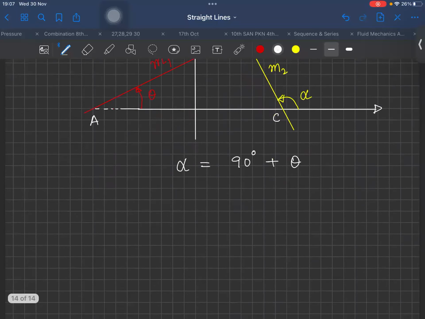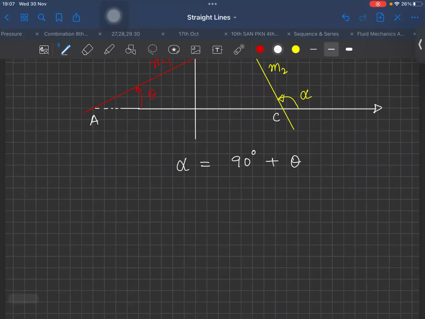So we can write tan alpha is equal to tan of (90 degrees plus theta). We are using the tan function on both sides. When you apply an operation on both sides, you have to apply it to the complete side. You cannot just use tan on part of it. That is not the correct way.